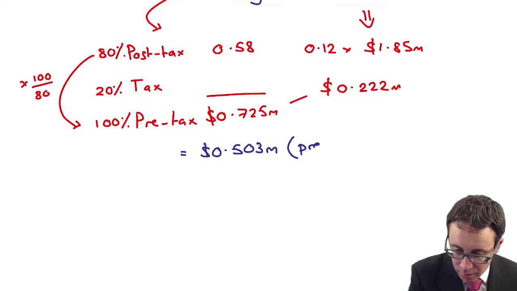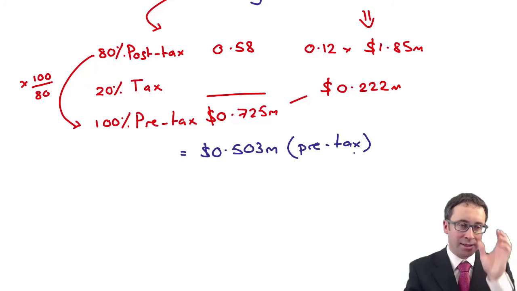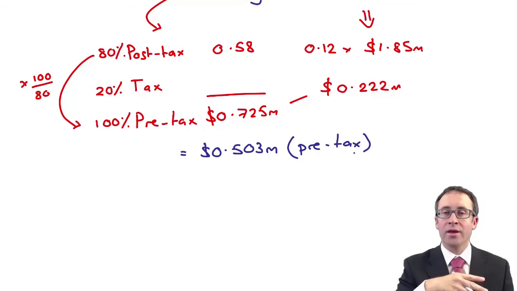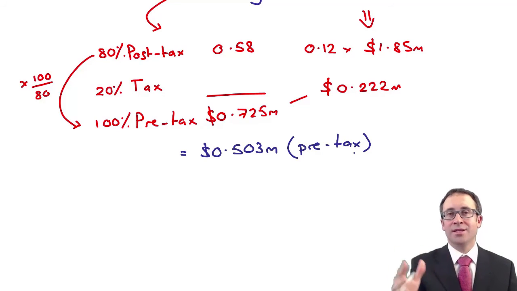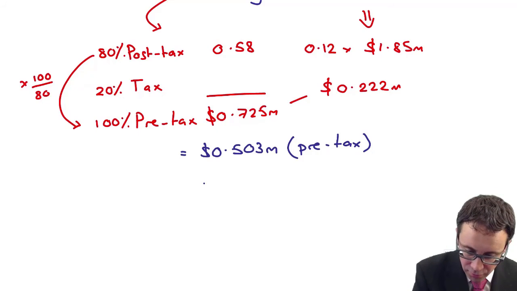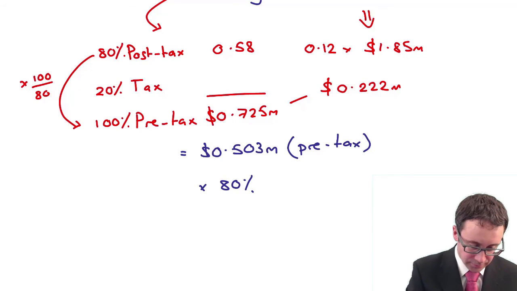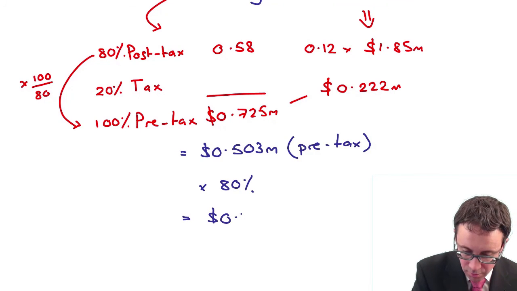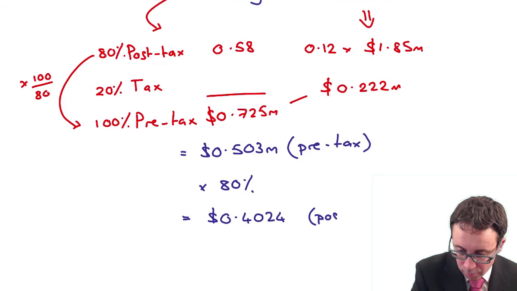Just be careful that there is pre-tax, isn't it? Okay, again, we need to go through there, and when we're looking at the discounting, we need to discount then the post-tax earnings. So if you go through there and multiply by, is it 80%, that gives you 0.4024.